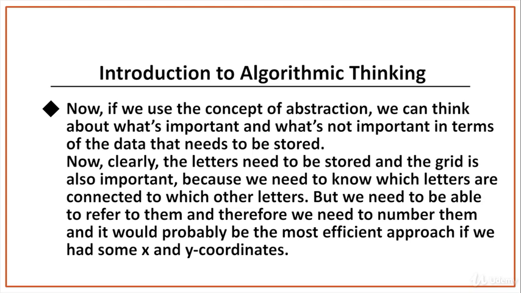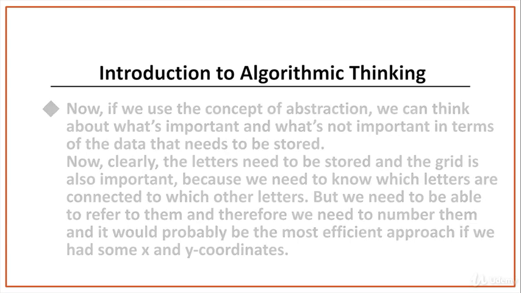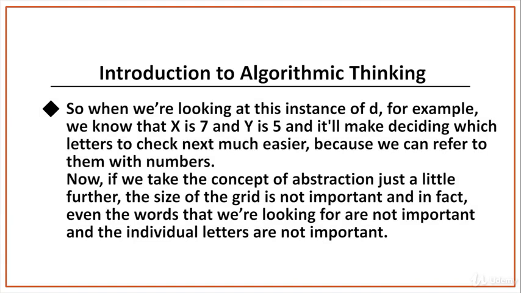It would probably be the most efficient approach if we had some x and y coordinates. So when we're looking at this instance of D, for example, we know that x is 7 and y is 5. It'll make deciding which letters to check next much easier, because we can refer to them with numbers.